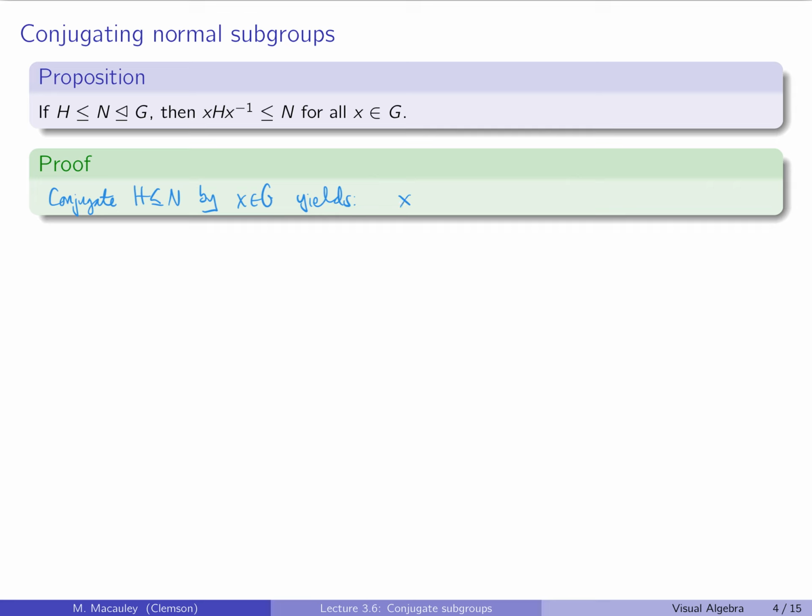We get that XHX inverse is contained in XNX inverse. So if I conjugate both sides of this by X, I get that. But what is that if N is normal? That's equal to N. And that's exactly what I wanted to prove. So again, H is contained in N. We conjugate both. This thing doesn't move, so every conjugate has to be inside this.